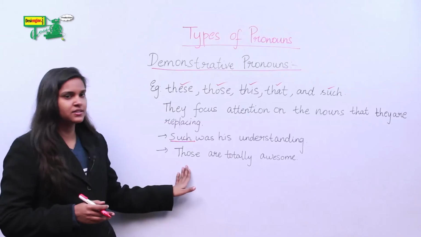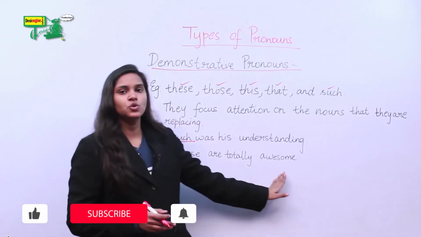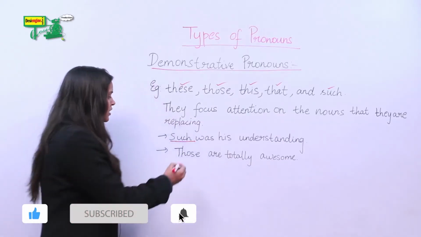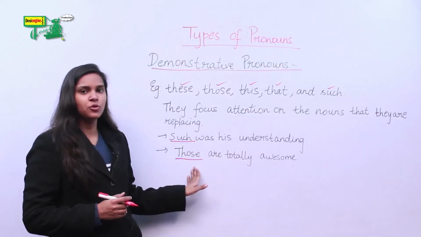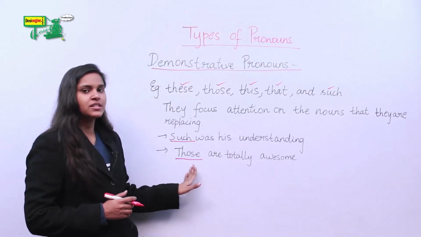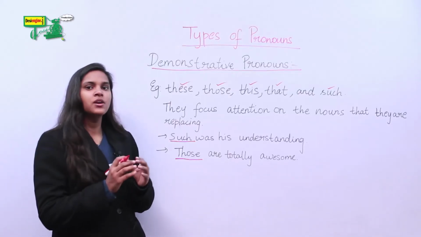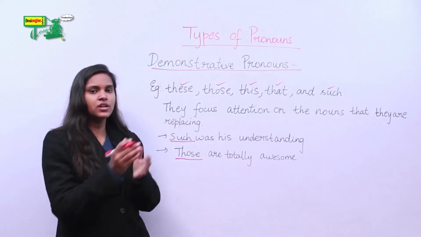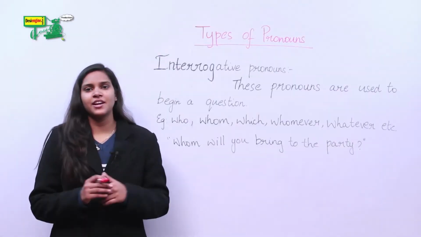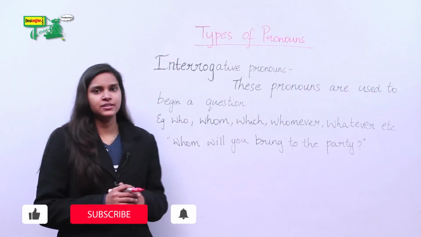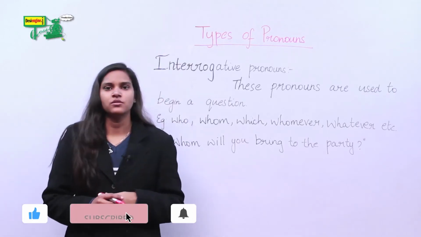Let's do another sentence. Those are totally awesome. Here, the word those is a demonstrative pronoun because it is replacing the noun and bringing some focus or attention on the noun that it is replacing. The next kind of pronoun that we are going to do is interrogative pronoun.